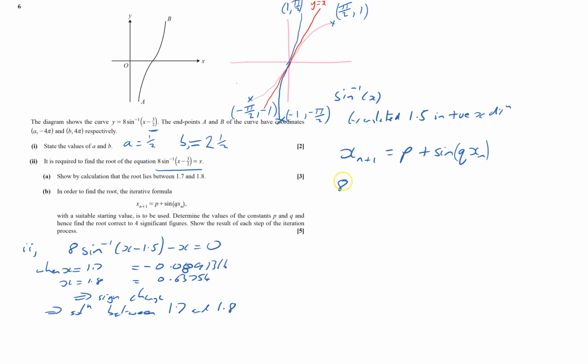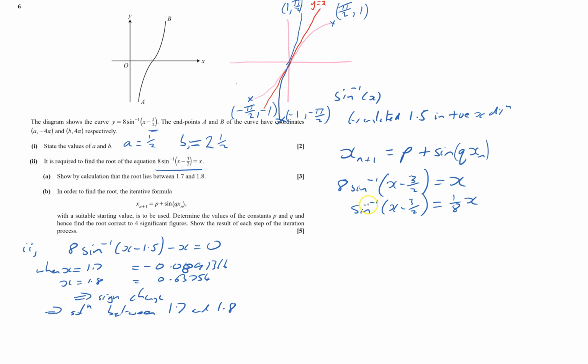So it's going to give us 8 sine to minus 1 of x minus 3 over 2 equals x. And instead of having this bit being the x, which gives us the iterative formula, we're going to take this x. So first thing I'm going to do is divide by 8. So it gives me sine to minus 1 of x minus 3 over 2 equals 1/8 of x.